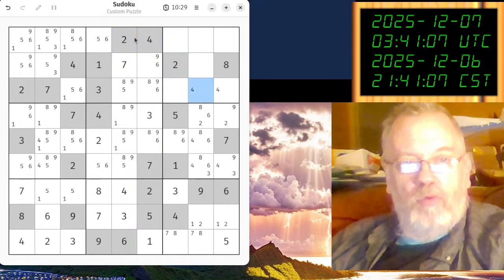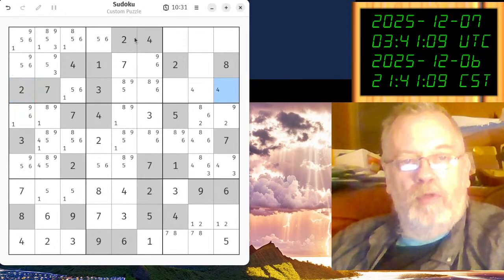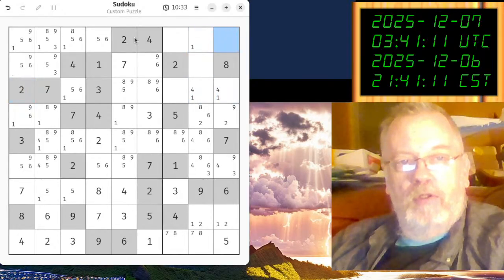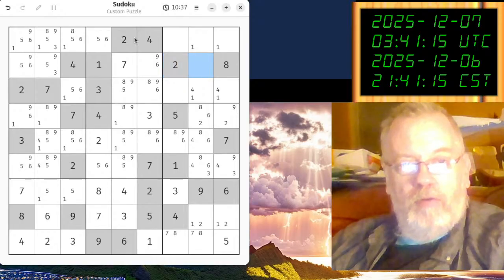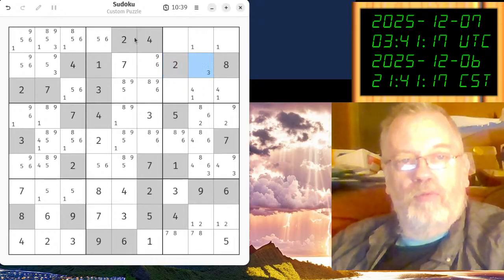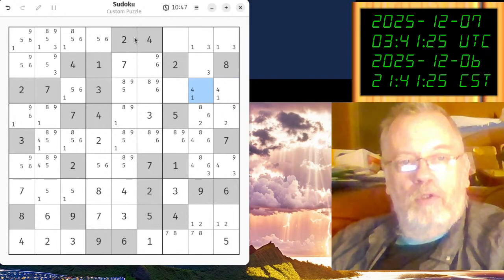That means I've got the 1 square left. I've got 4 possible places for 1. I got a 2 already here. 3 possible places for 3. 2 places for 4. How about a 5? Looks like I've got 3 places for 5. 6s.